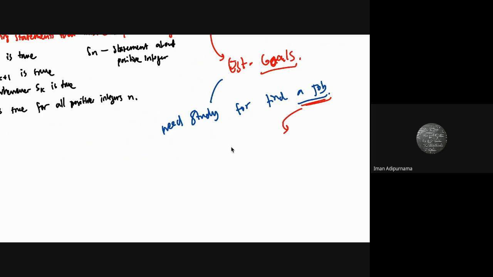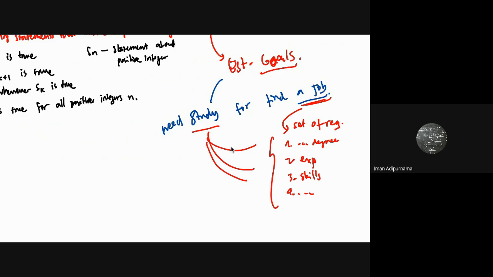Then we can see some set of requirements of that job. First, maybe a degree, maybe experience, maybe some set of skills, either hard skills or soft skills, and maybe more. And you approach this set of requirements during your study. At least this is what you are going to do.